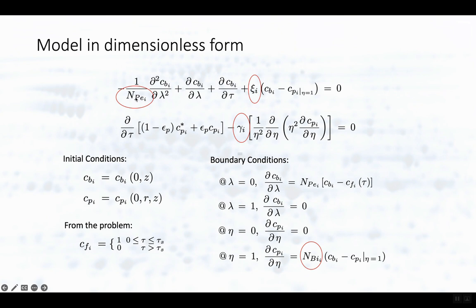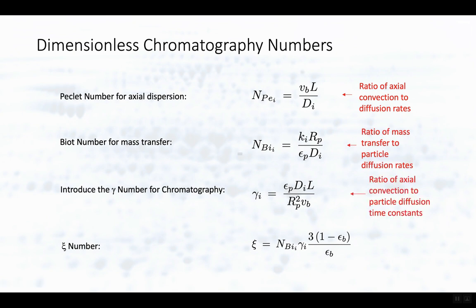As long as the Peclet number is large, like 1,000 or higher, remember it's dimensionless, then we don't really have to worry about axial dispersion, and we can drop this term out of our model. So in reality, the three terms that really matter are maintaining a constant Biot number, constant gamma number, and constant epsilon number.